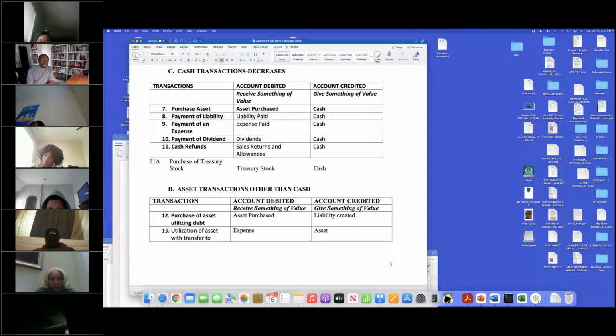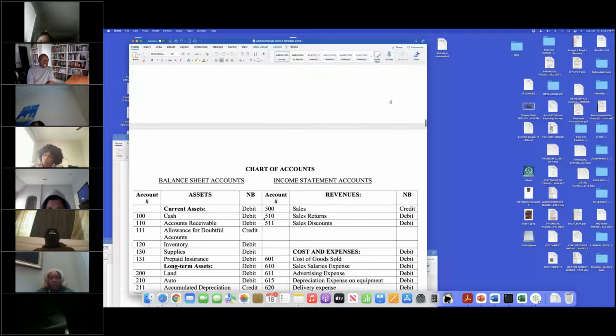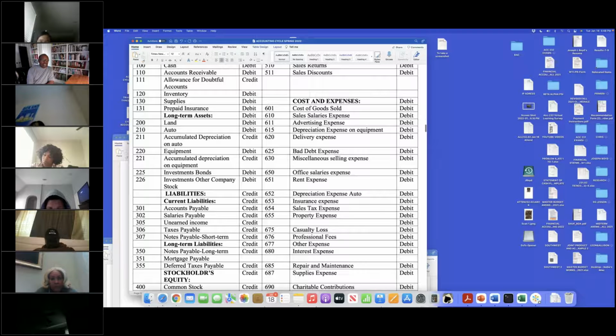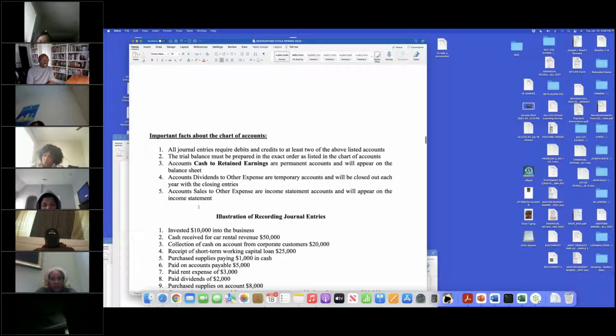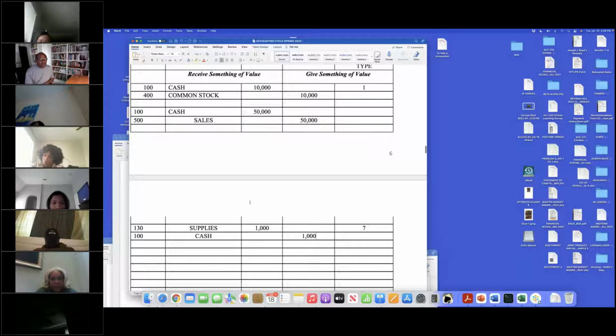So we know the supplies account number is 130, but we created debt. It will be an accounts payable, so it'd be 301. So in this journal entry, when we buy the supplies for $8,000, we're going to debit supplies again, $8,000.